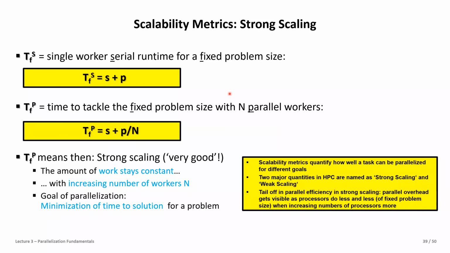Obviously, when we have n parallel workers, we can divide this parallelizable part by the factor n, which means that with more and more workers we can make this parallelizable part smaller, and with this the overall time for a fixed size problem. And this means, of course, we have a smaller time to solution. That's what we want, and the overall time is smaller.